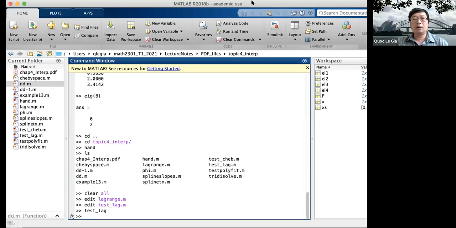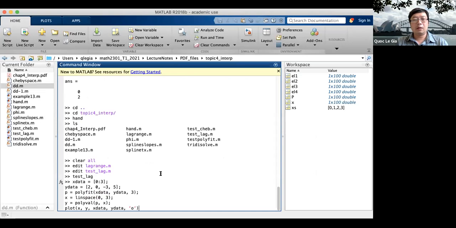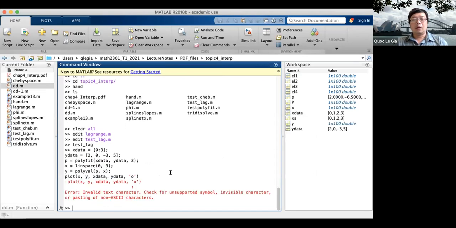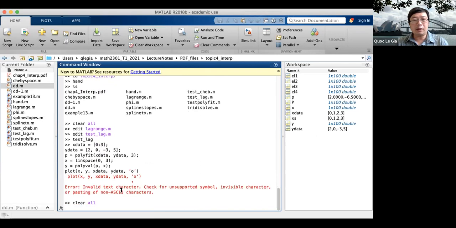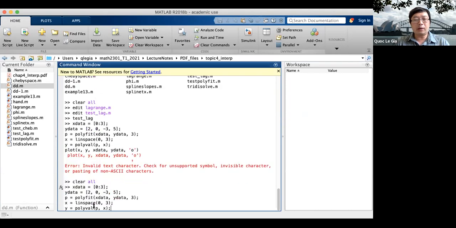So suppose I cut and paste. I think the last one we have to give a correct quotation, because the quotation when I cut and paste becomes special characters.